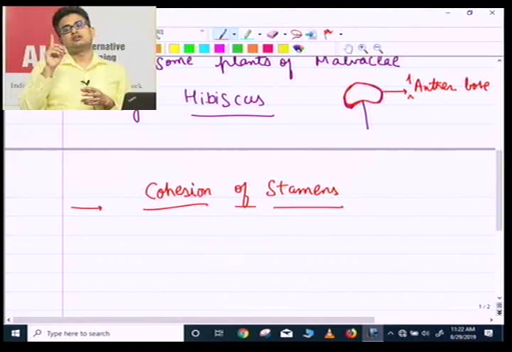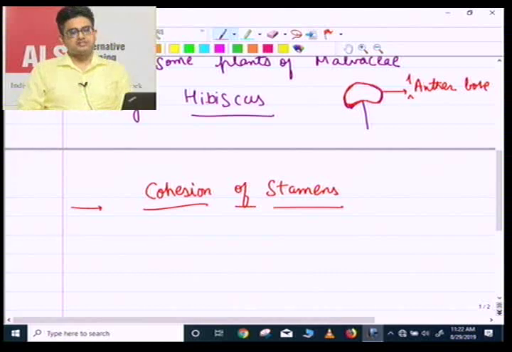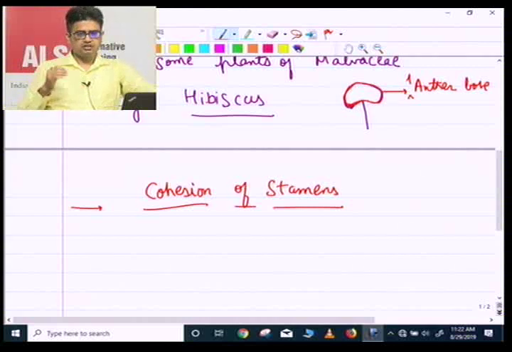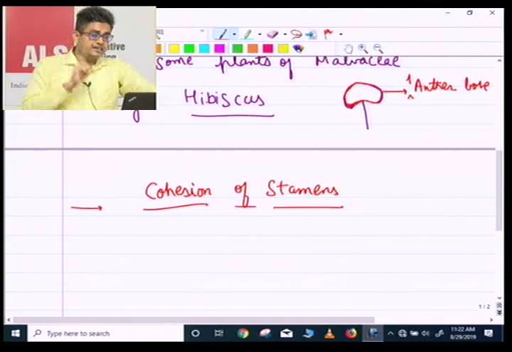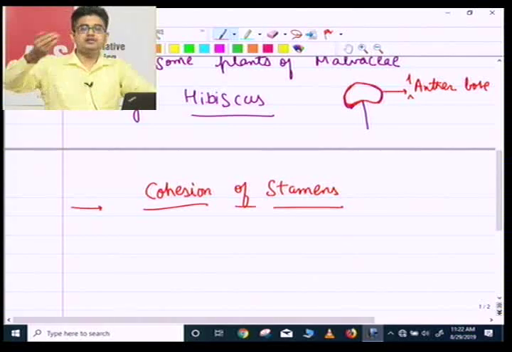Adhesion means attraction between dissimilar things. Like Fevicol or Fevikwik is an adhesive. It joins dissimilar things, like paper attached to a wall or wood. So that is adhesion. But cohesion means attraction between similar elements.